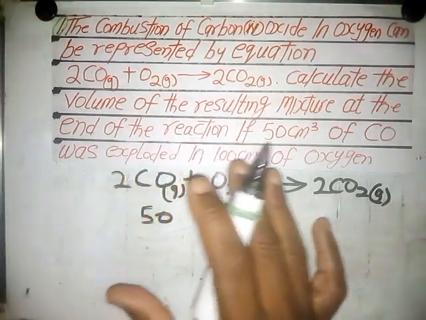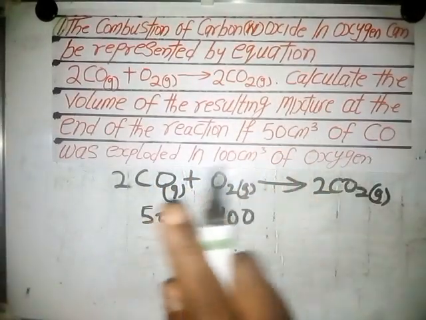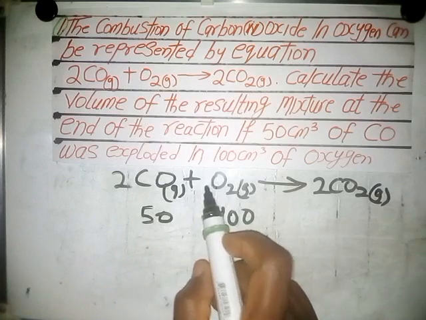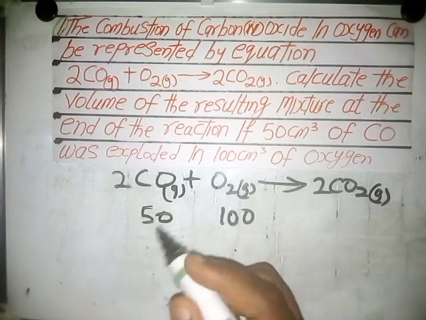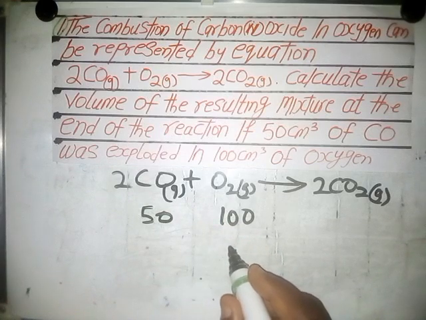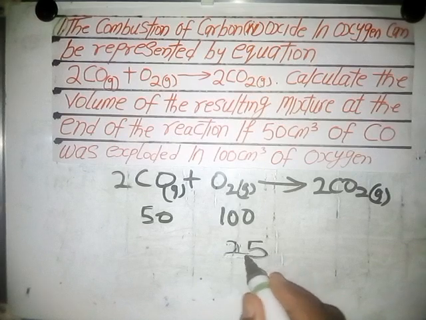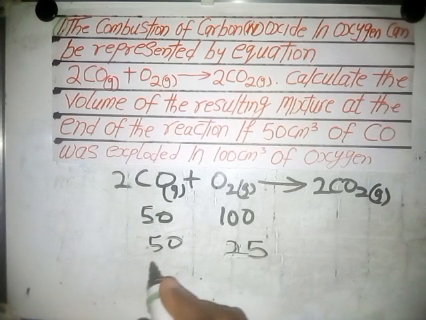Most equations always follow this pattern: 2, 1, 2. So I'm going to start with this. 1 over 2 of 50 is 25. I'll put 25 here. 2 times 25 is still 50.